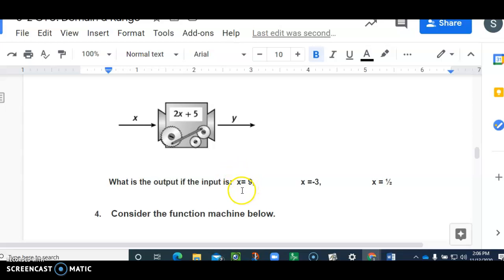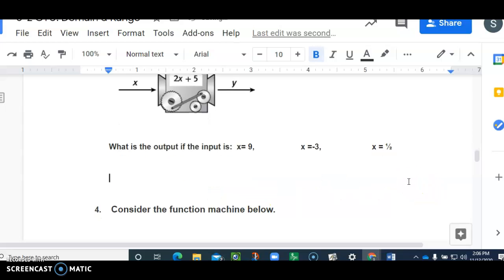What happens if your x, the input, is 9? So you're going to write it down. What you have here is 2x plus 5. What happens if my x is 9? So you're just going to put 2 times 9 plus 5.